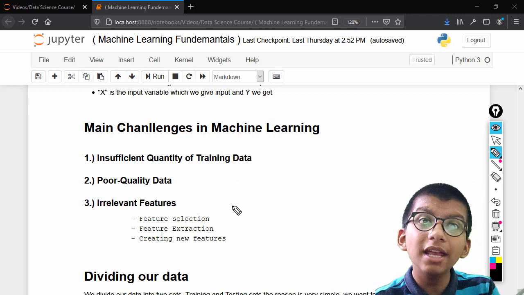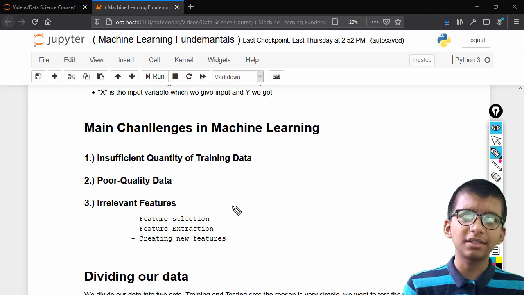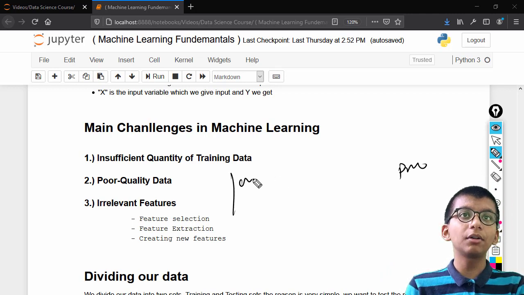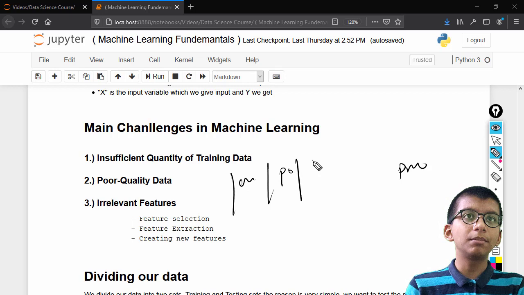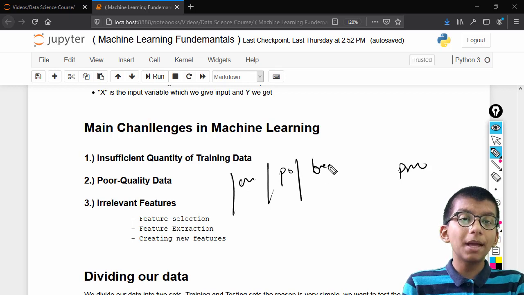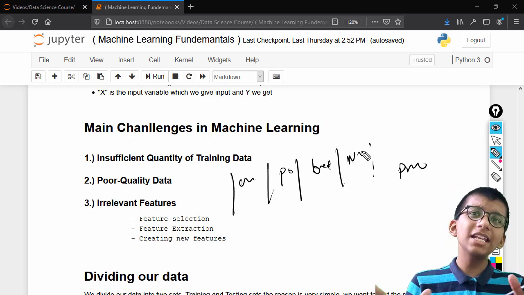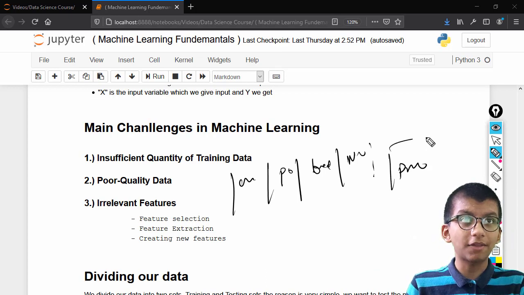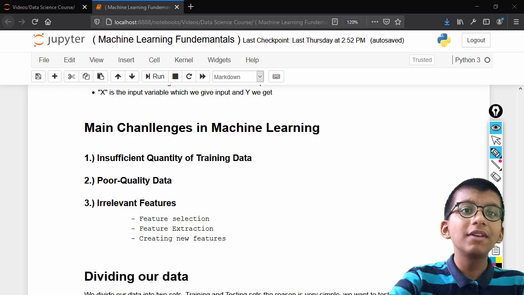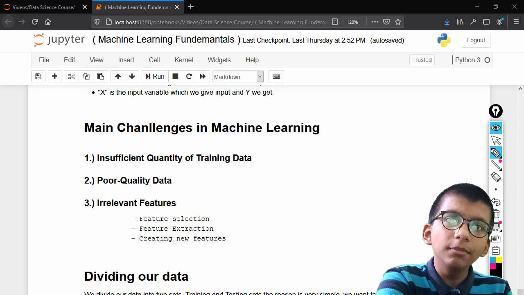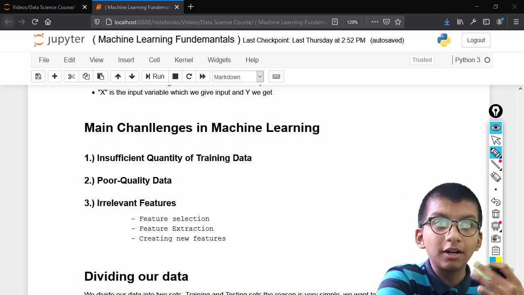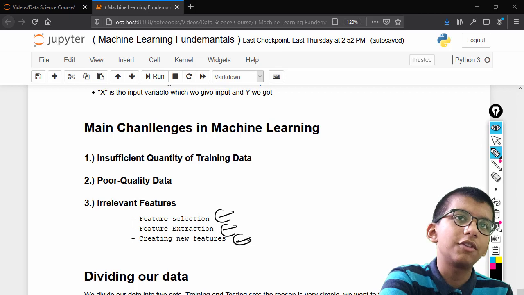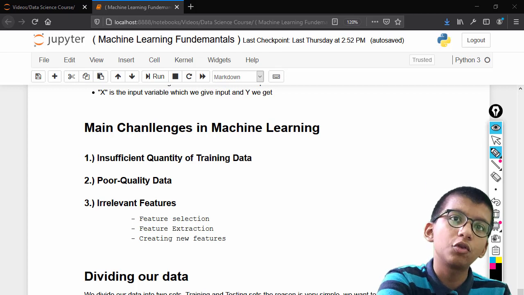For example, for predicting the price of a house, there are a lot of features like crime rate, population, number of bedrooms, fans, 81 features I think, or 1,000 features required to predict the price of the house effectively. So we have to drop the features that are less important. We have 3 techniques: feature selection, feature extraction, and creating new features. We'll talk more about it in detail when we do the project.